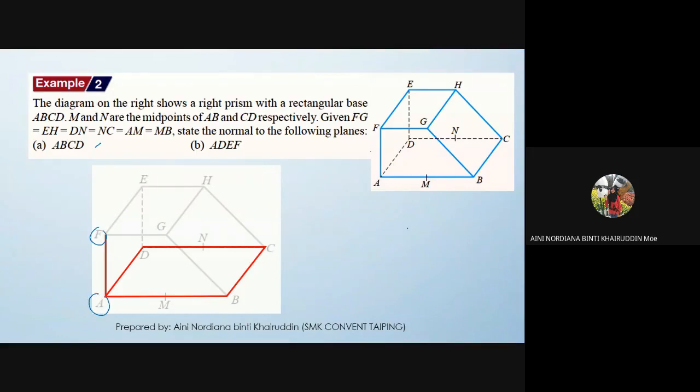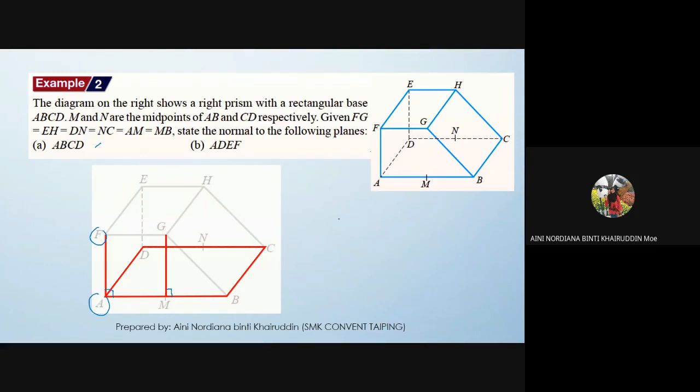Who else? Who wants to try answering? GM. GF. GM. Like create a line between G and M. Yes, GM. GM, because this line also forms 90 degrees to the plane.